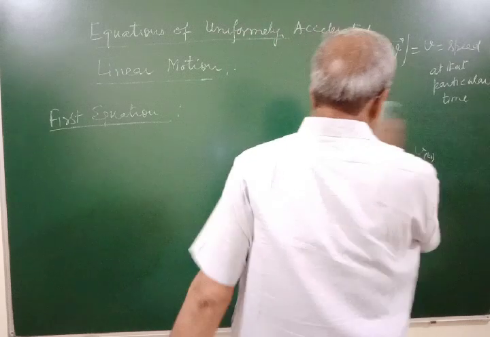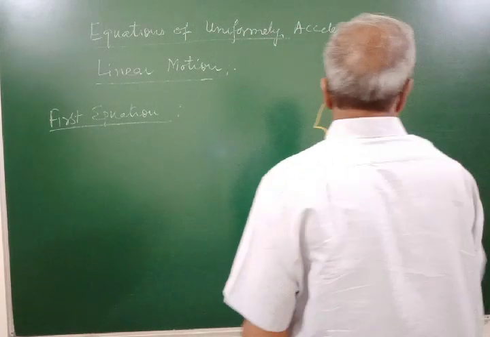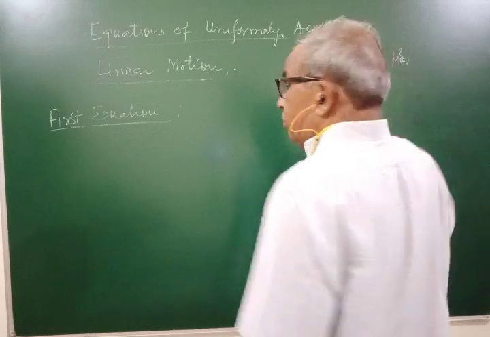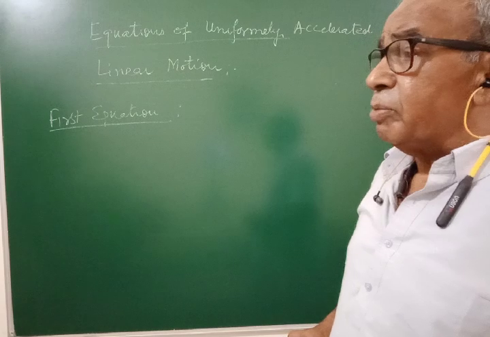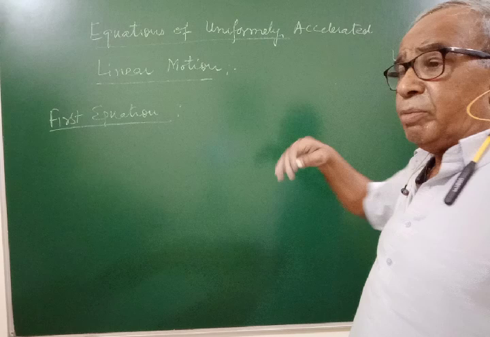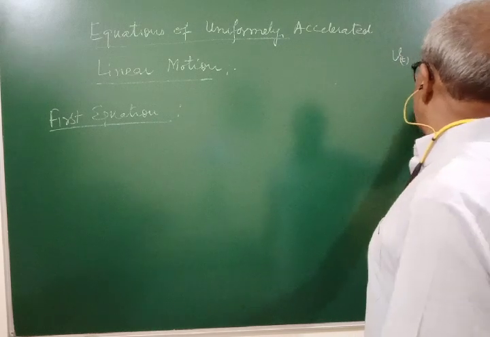So I take here the concept of writing Vt. If there is Vt there, then it means velocity at time T, and at another time it will be another velocity. I write A here, constant acceleration.